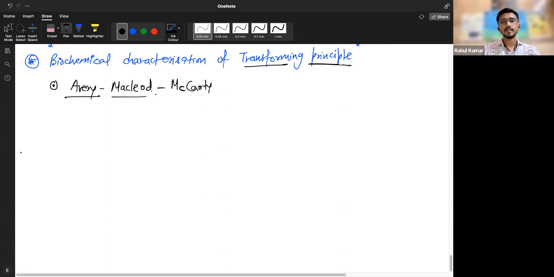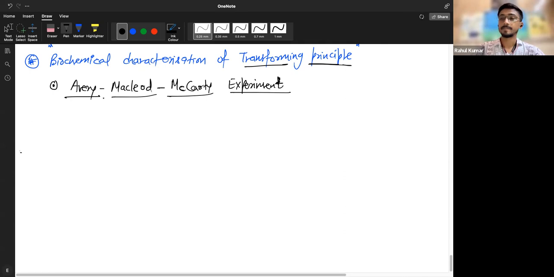So Avery, MacLeod and McCarthy experiment. That is a follow-up of the Griffith's transforming principle experiment. In this, they did exactly what Reem has suggested to do.